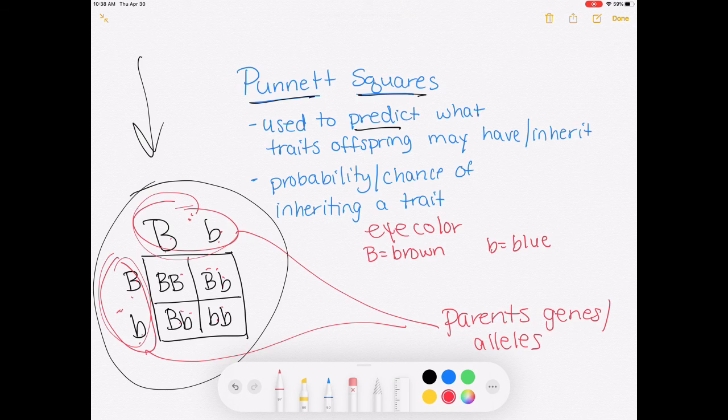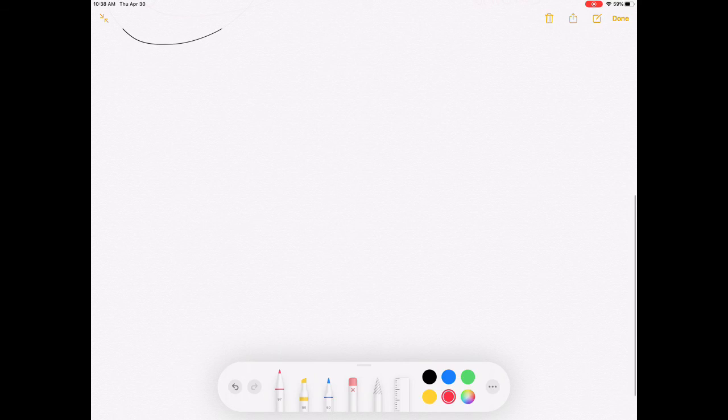So let's talk a little bit about how we set up a Punnett Square. The first thing you need to do is be given some information about the parents. You have to know the parents' genotypes. Let's say mom has a genotype of big B, big B, and dad has a genotype of big B, little b.